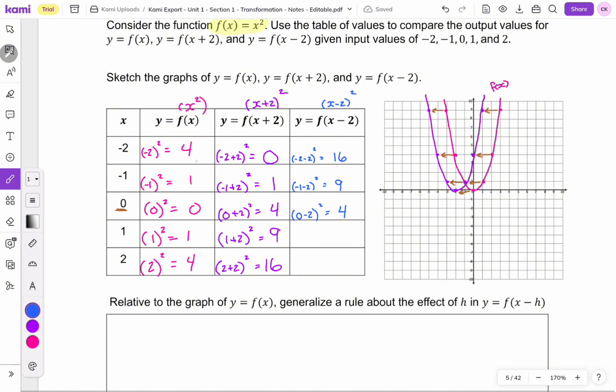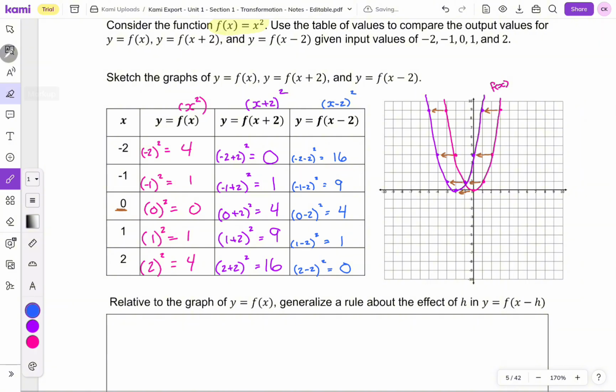So again, we're matching outputs. Now to get the output of 4, you can see I'm at my x value of 0. If I go 1 minus 2, well, 1 minus 2 is negative 1 squared is 1. And now 2 minus 2 squared is going to equal 0.